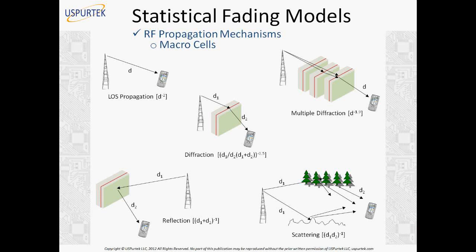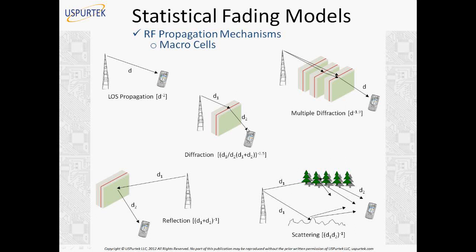There is a question of why LOS propagation has the strongest decay of power. That is coming from basic physics. In line of sight propagation, you have a single component of the signal traveling over a certain distance at a certain frequency, and that is the way it is. But in other cases, like diffraction, it's minus 0.5, but it's a combination of distances d1 and d2.